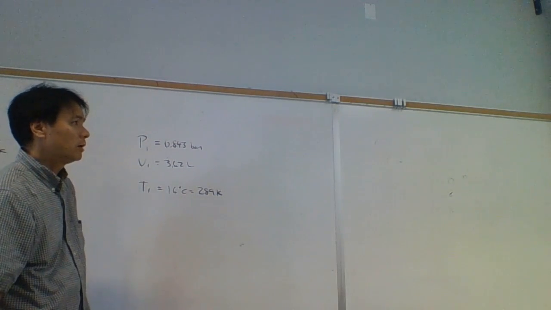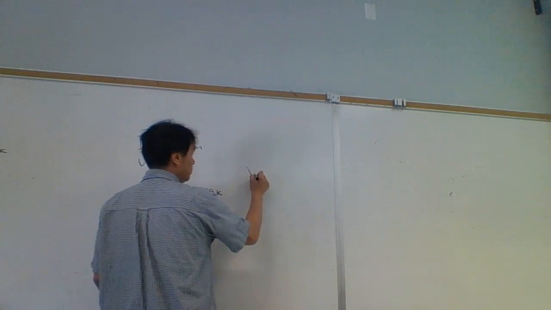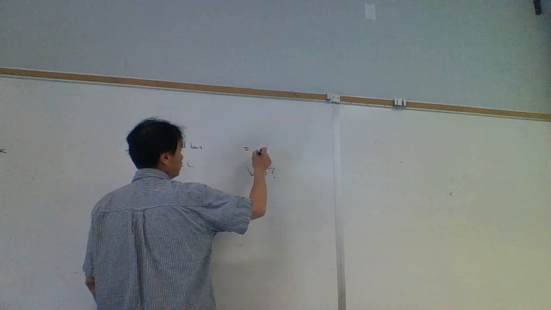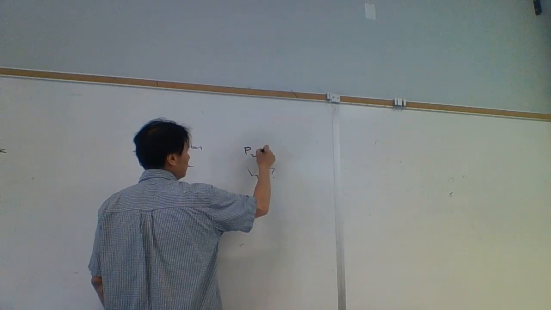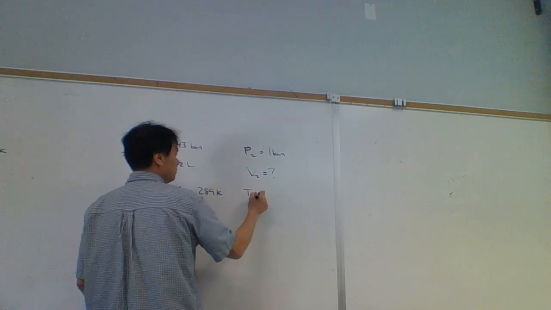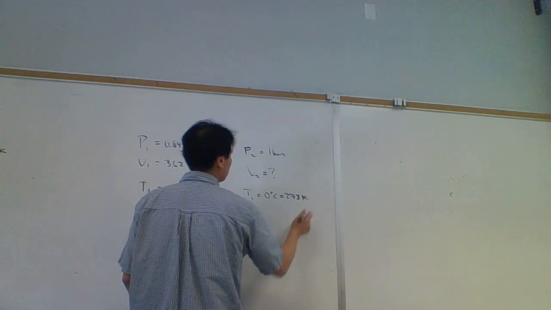And then we want to know what is its STP volume. So V2 is unknown. Well, what is standard pressure? Yeah, it's going to be 1 bar. And then standard temperature is going to be 0 degrees C or 273 Kelvin.